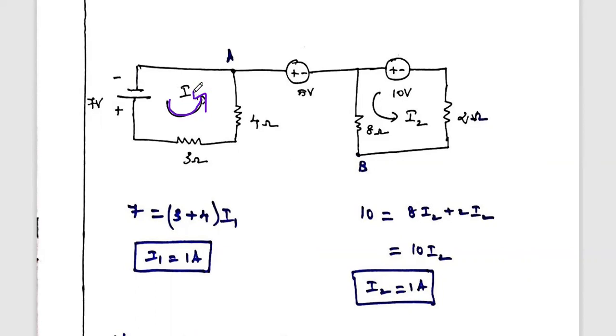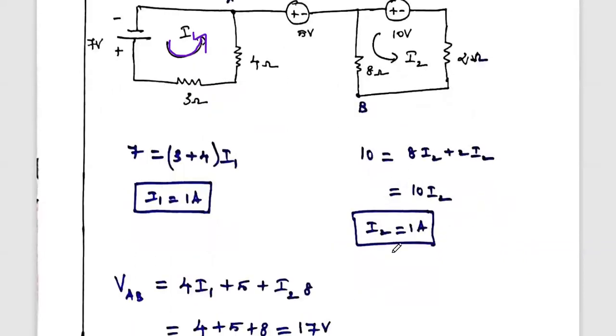In order to find I1, you write KVL, Kirchhoff's voltage law, to this loop. 7 equal to 3 into I1 plus 4 into I1, so 7 equal to 7 I1, so I1 equal to 1 amp. Similarly, writing KVL to the second loop, 10 equal to 8 into I2 plus 2 into I2, so I2 is also 1 amp.